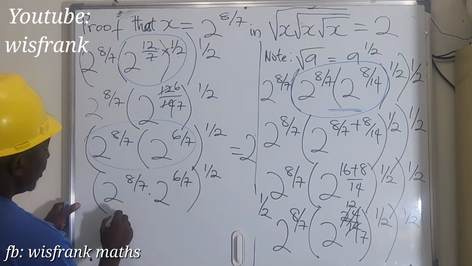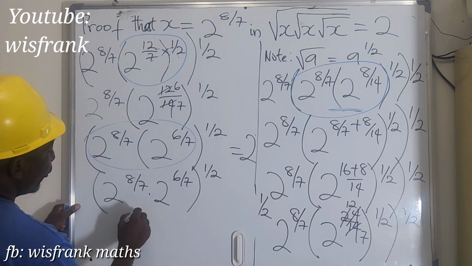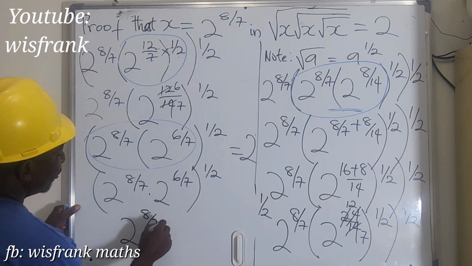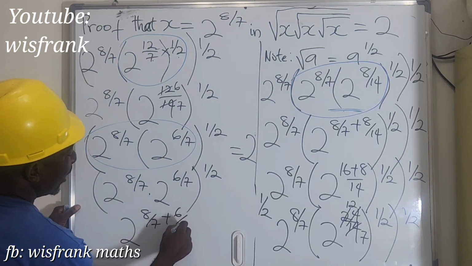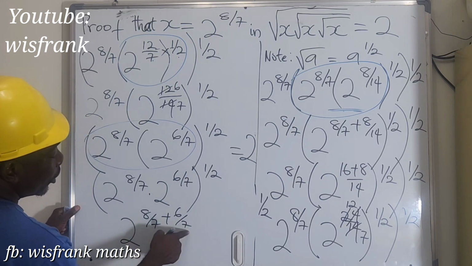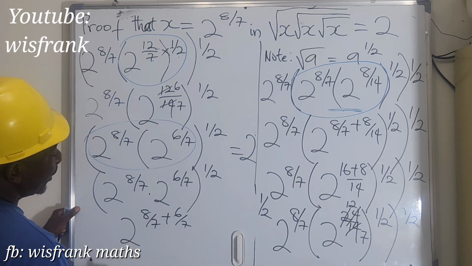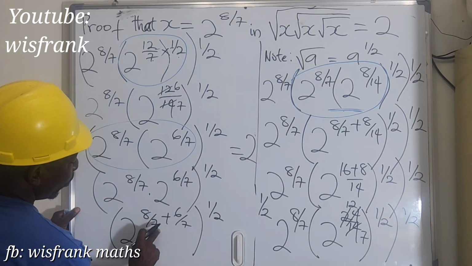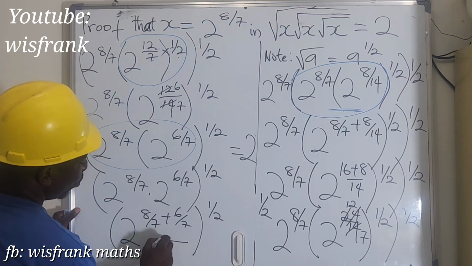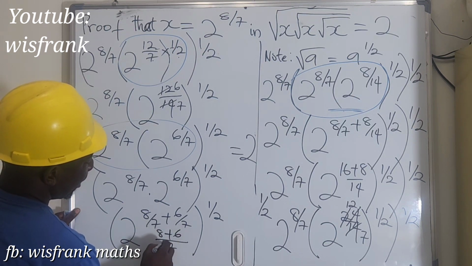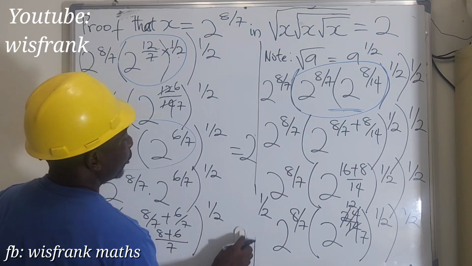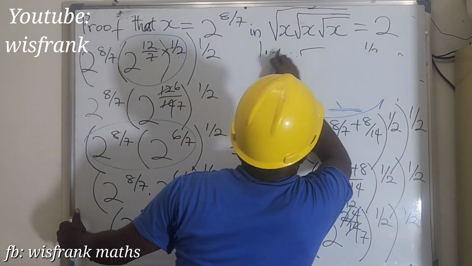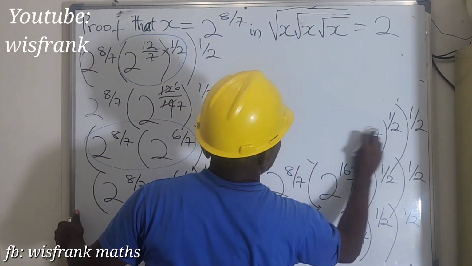So in this case, this will become 2 raised to the power of 8 all over 7 plus 6 all over 7, because the two of them have the same denominator, we bring down 1 all over 2. So here we can evaluate this. We take the LCM of 7, 8 plus 6. This is 14 all over 7. So we have that. Let's move over to this other side.